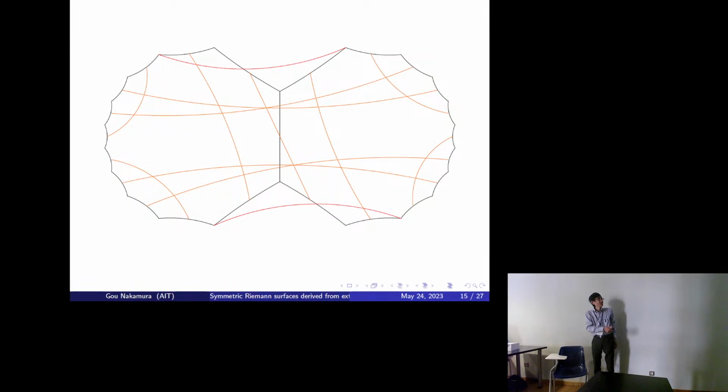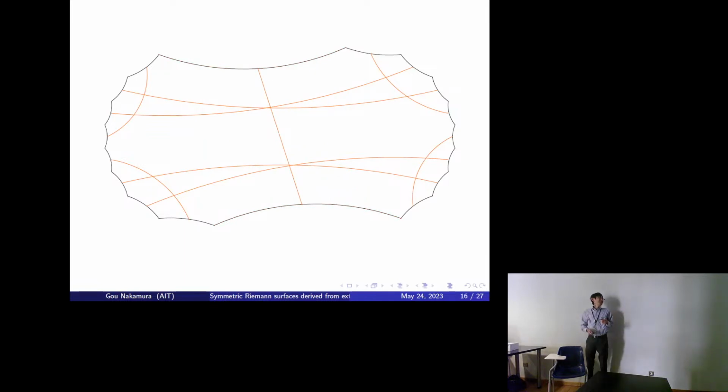This convex part is moved to this concave part, and this convex part into the concave part.